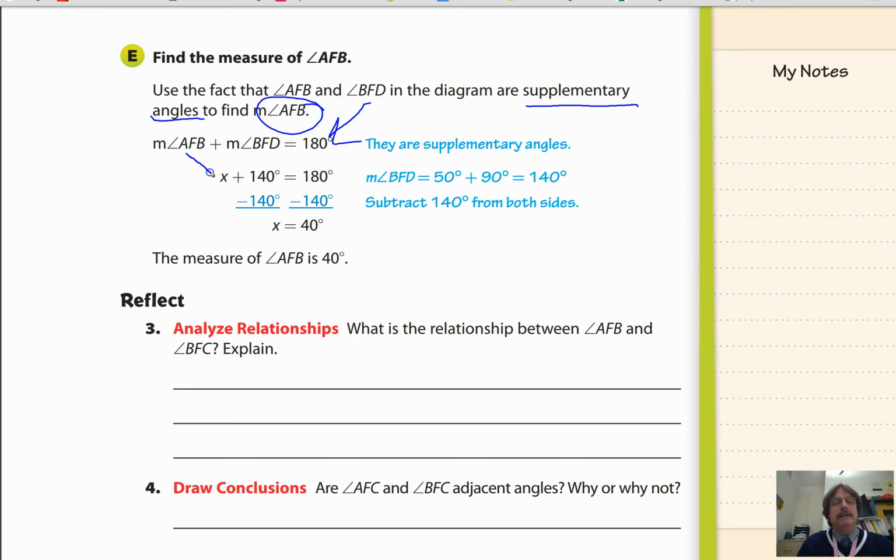We know that this is X, and we know that this is 140 degrees. So some number plus 140 degrees has to equal 180 degrees. So they're using the one-step equation to help us figure that out. We need to isolate X by itself, which they've done here. And to do that, we have an addition, so we do the opposite. We subtract 140. We take 180 minus 140, and then X is going to equal 40 degrees, and that would be our answer.